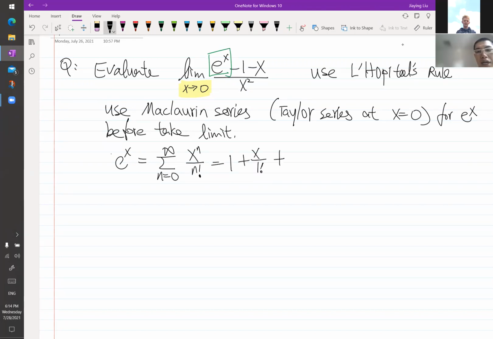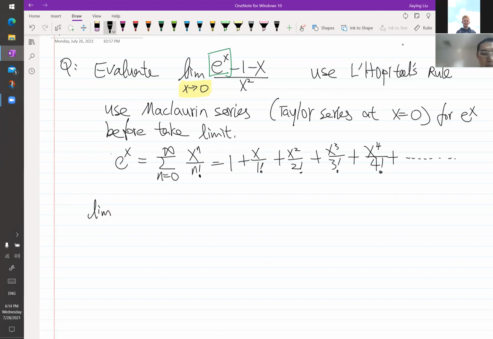The next term we get x squared over 2 factorial, and then x cubed over 3 factorial. If you just write a few terms, that should be enough. You don't have to write all of them. But keep in mind that there are infinitely many terms here because n goes from 0 to infinity.